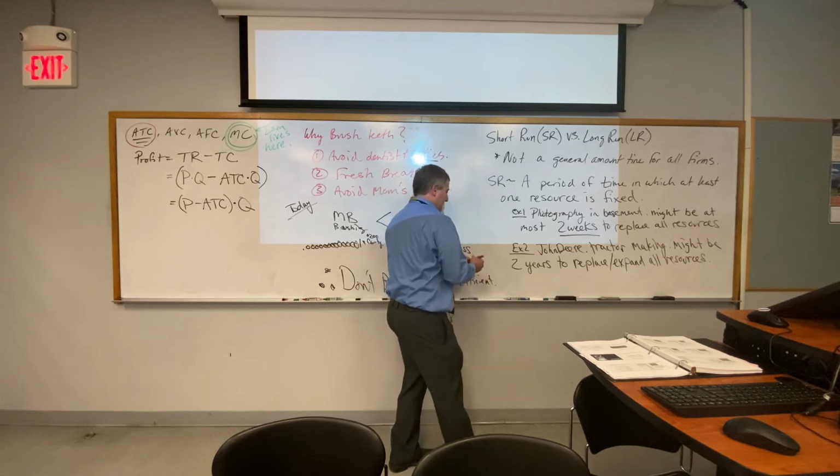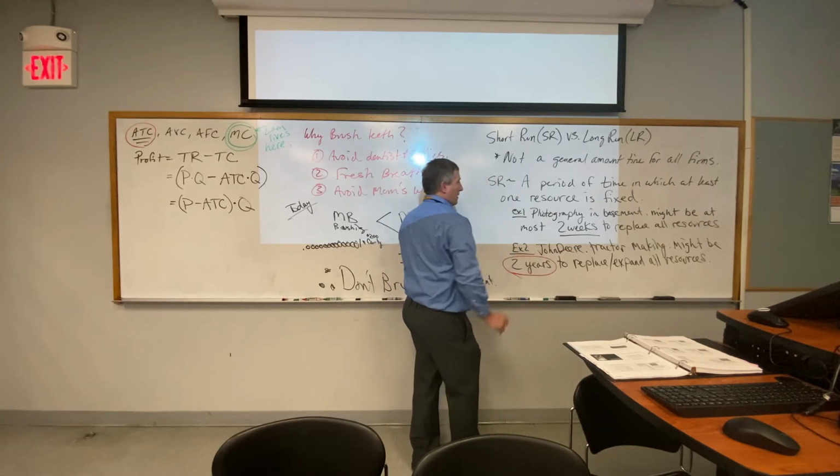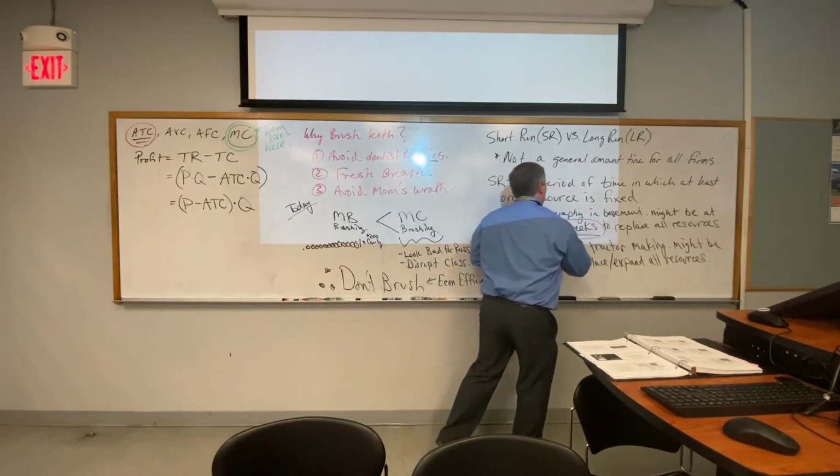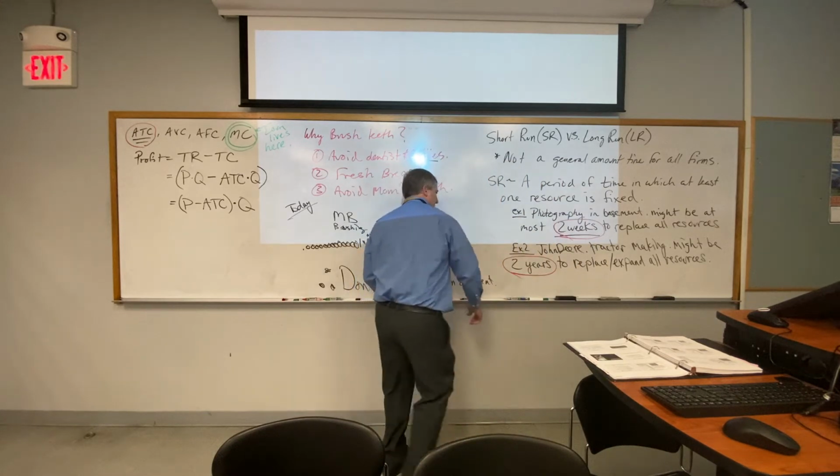So one company has a 2-year long run, short run distinction, and the other one has just 2 weeks.